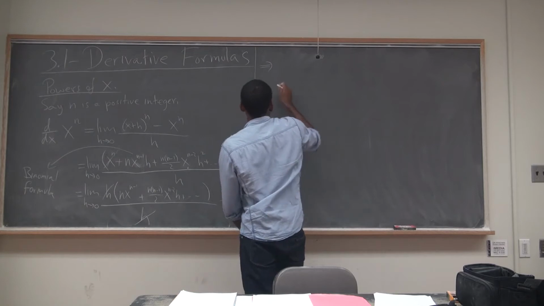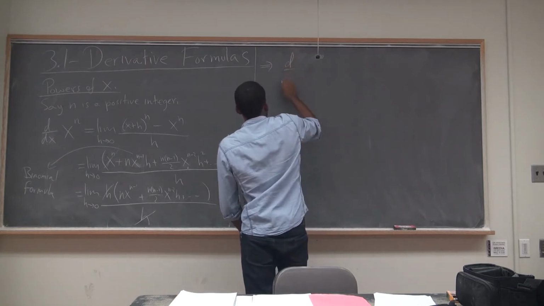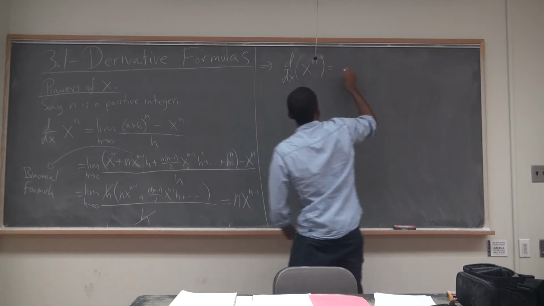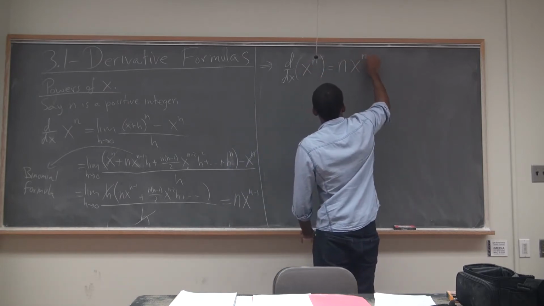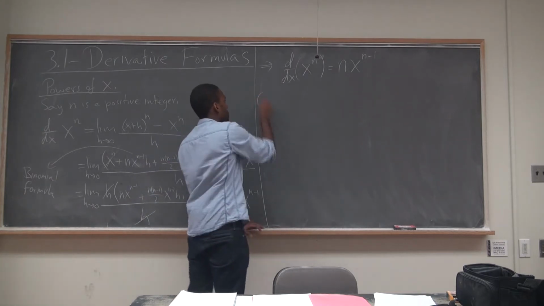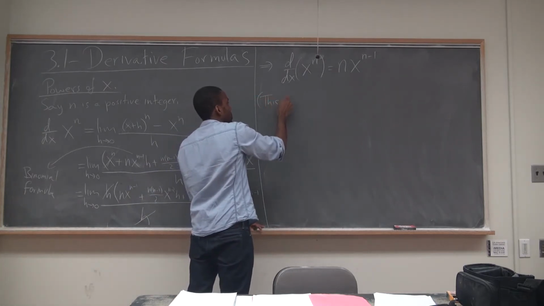This means the following. The derivative of x to the n is nx to the n minus 1. By the way, this also works for non-integers.